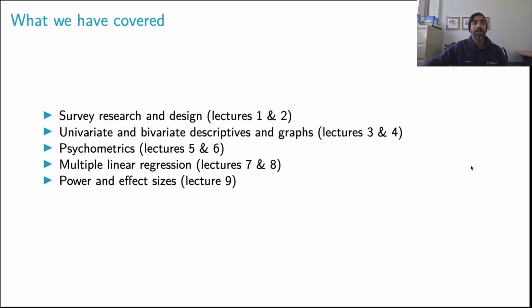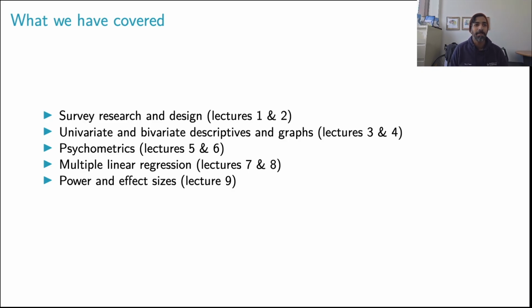So what we've covered: the course has been structured in a way where the first two lectures focused on survey research and design. And then we built from there to look into univariate and bivariate descriptives and graphs. And you realize the passion that I have for descriptive statistics and descriptive graphing. We talked as well about psychometrics and multiple linear regression.